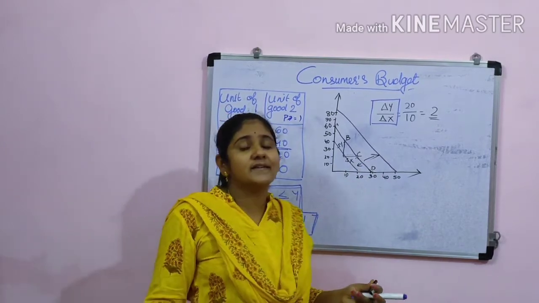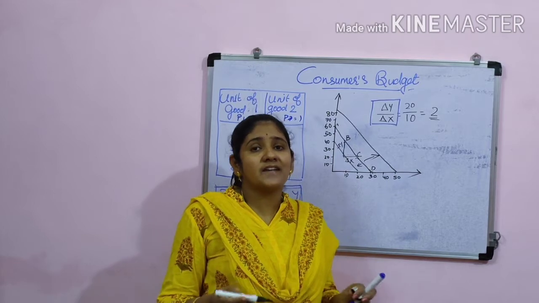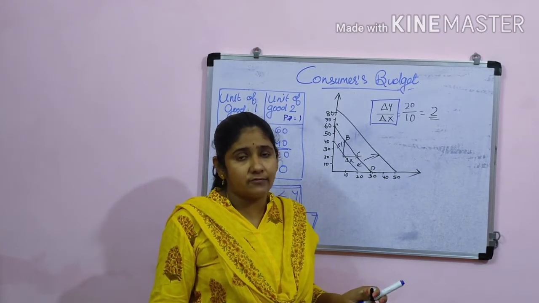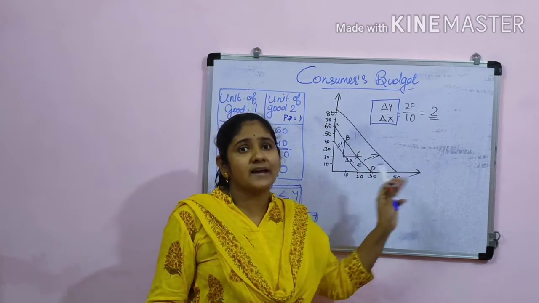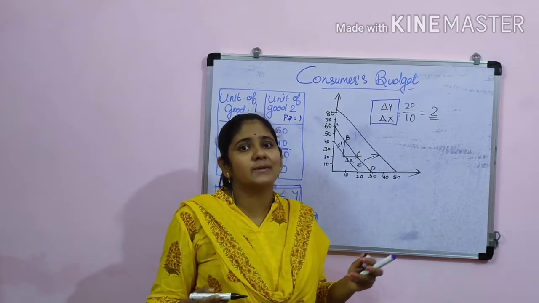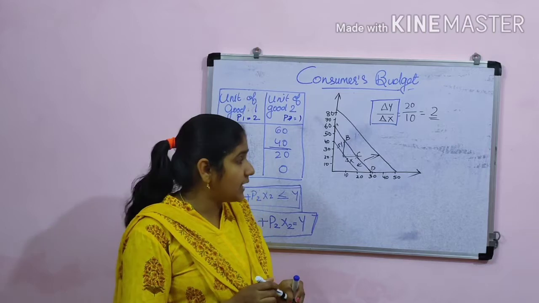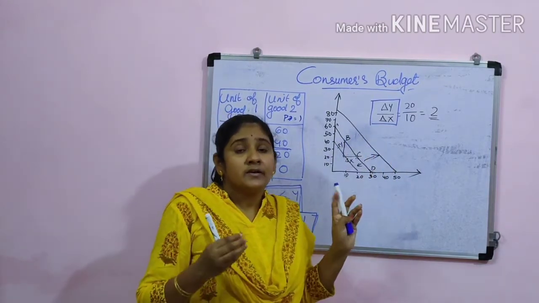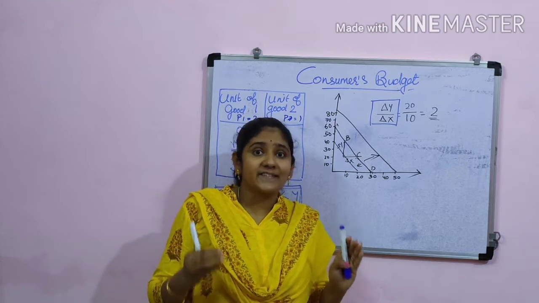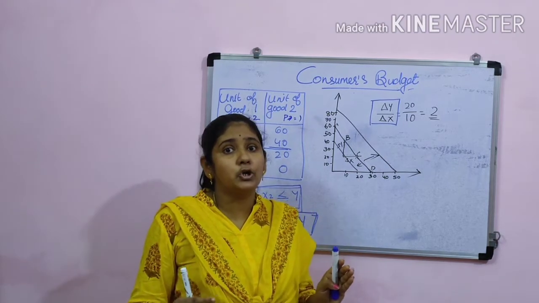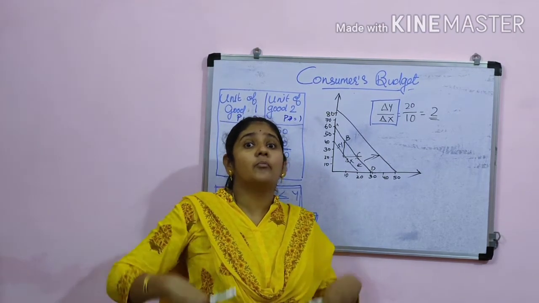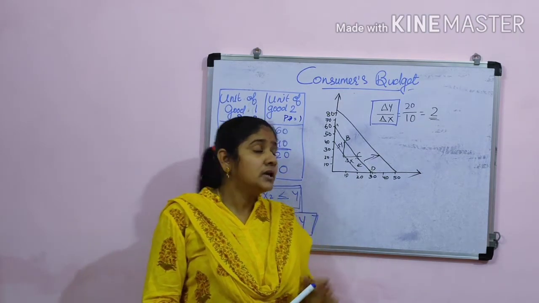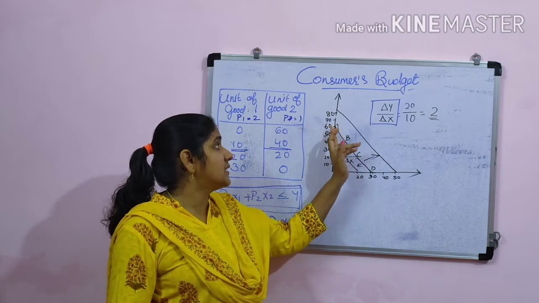Either it can move to the right side, otherwise to the left side. What is the reason behind the shifting of this price line, otherwise budget line? One reason: when it shifts to the right side, the customer will be able to purchase more commodities.